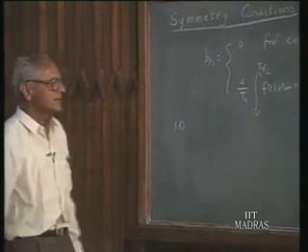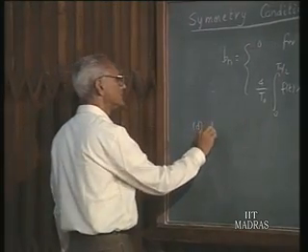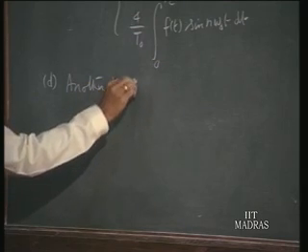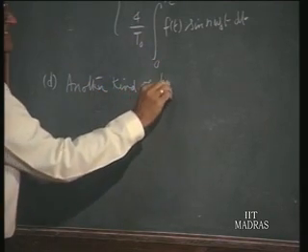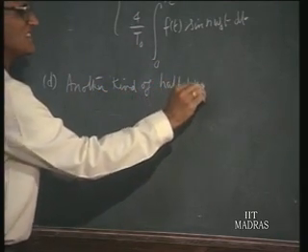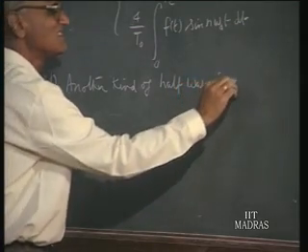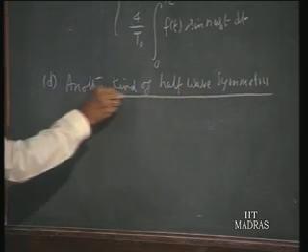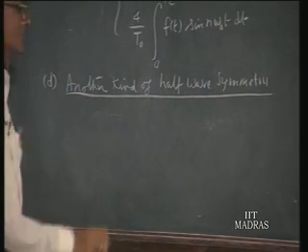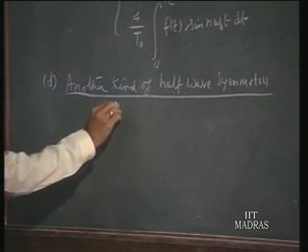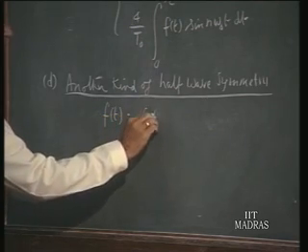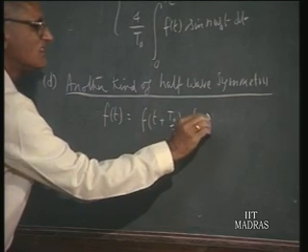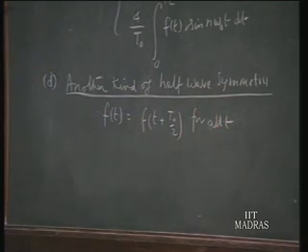We have another kind of half wave symmetry, where f of t equals f of t plus T₀ upon 2 for all t.